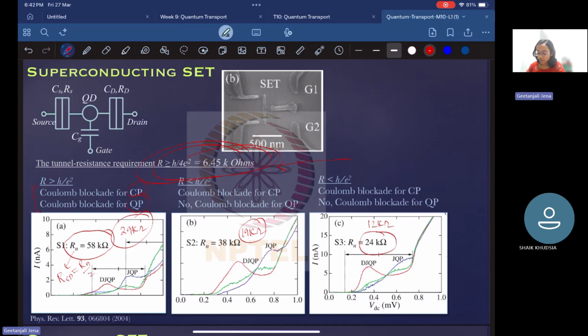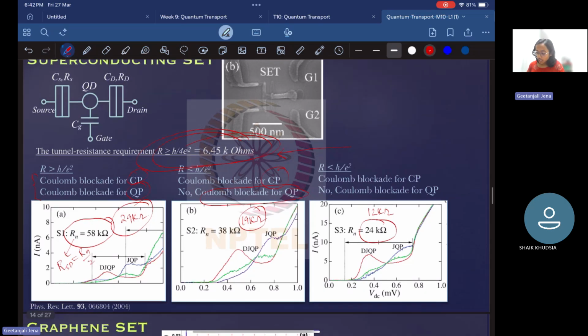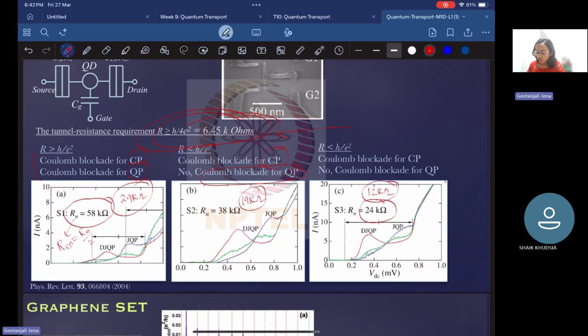So there won't be any Coulomb blockade oscillation for quasi-particle, but we can see the Coulomb blockade oscillation for Cooper pair. And the same is the case for 12 kilo ohm because it is much less than 25.83. So you can see the Coulomb blockade oscillation for Cooper pair, not for the quasi-particle.